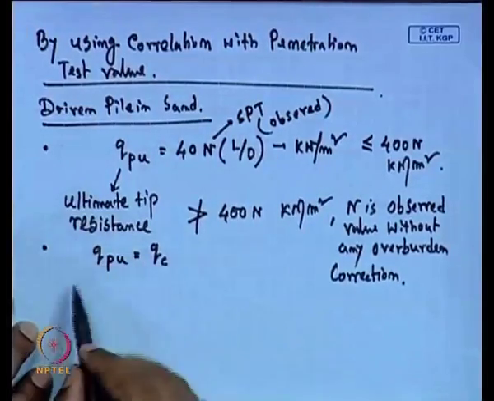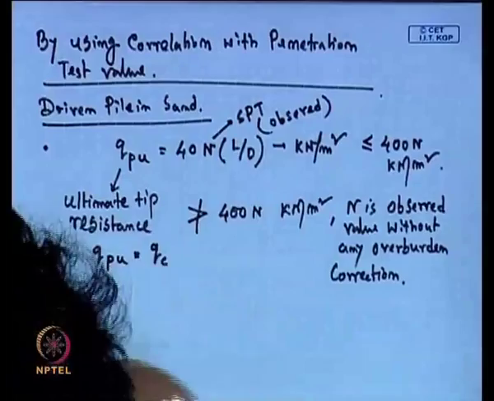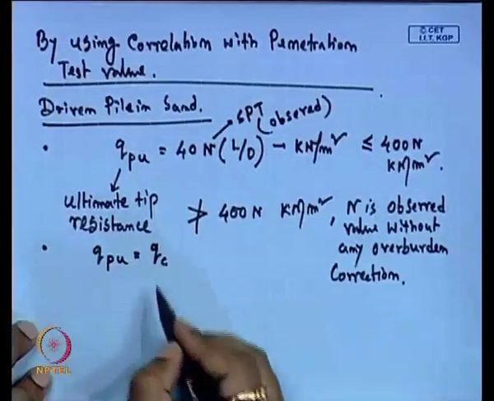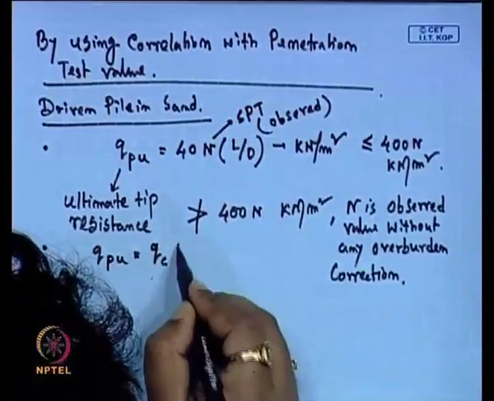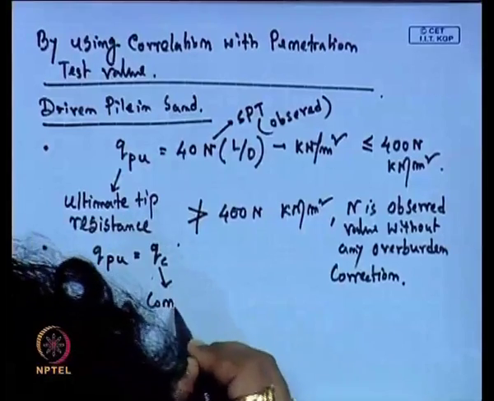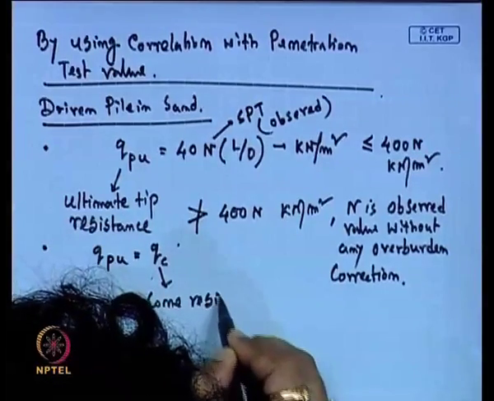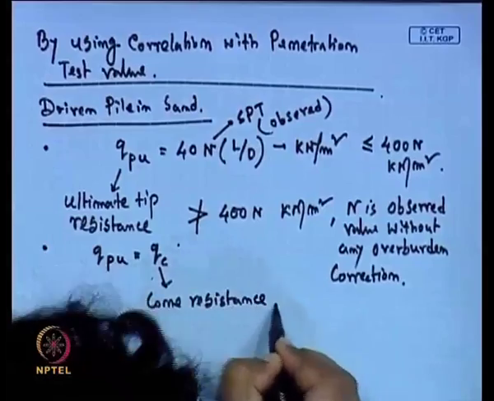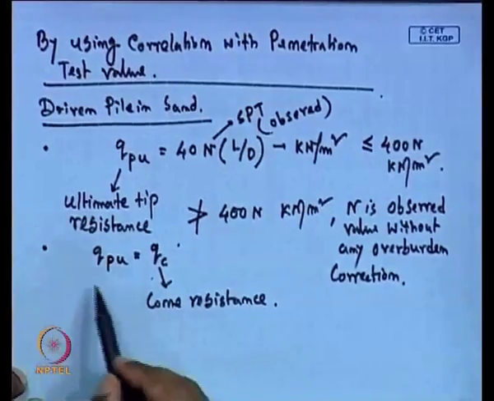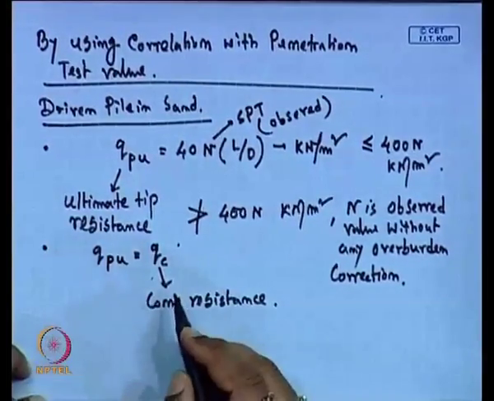Now, again by the Q C, that means the cone resistance, we can determine the ultimate tip resistance of the pile.